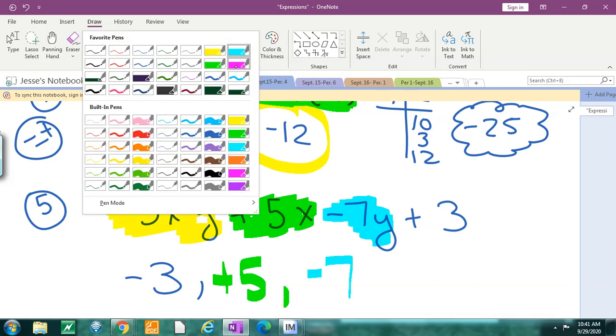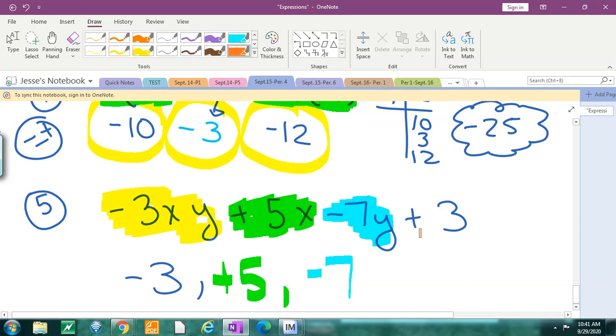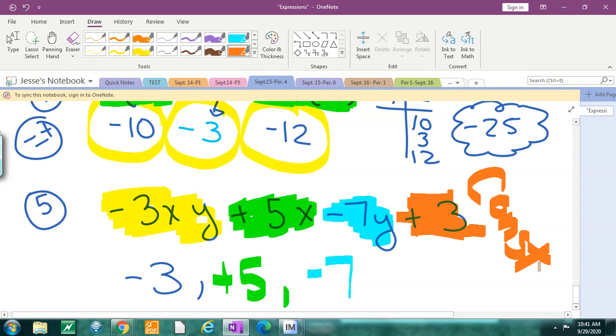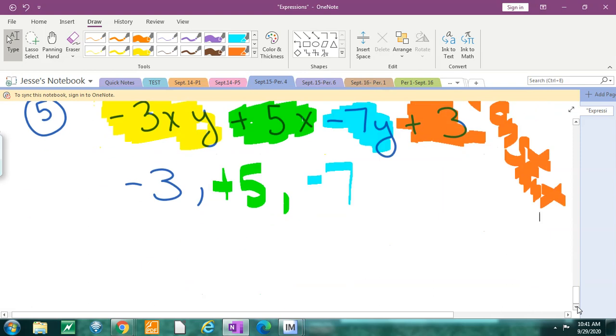Now, what about the next one? 3. Is there a letter next to it? Nope. So this is called a constant. This is not a coefficient, it's a constant. So it's negative 3, 5, negative 7. And the last one that we did, number 6.